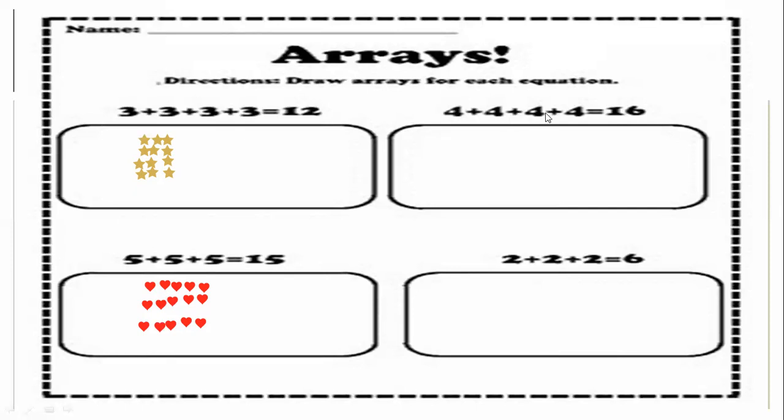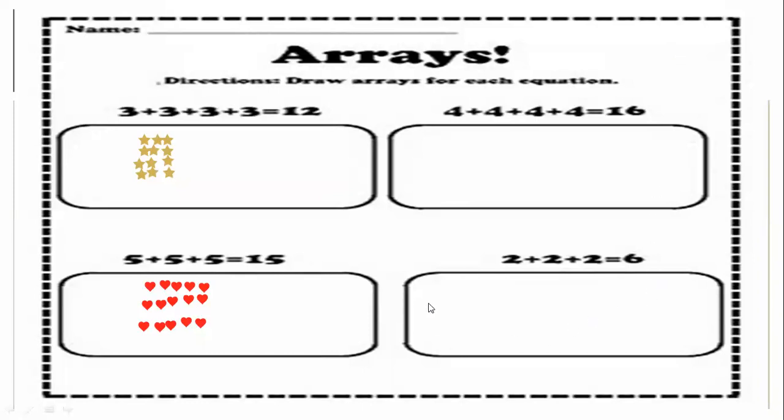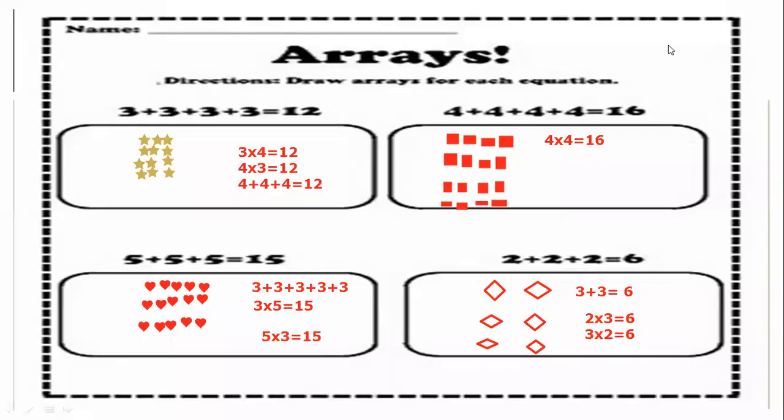4 plus 4 plus 4 plus 4 equals 16, and 2 plus 2 plus 2 equals 6 is your task. So do this task in your notebook, and after you finish, you can send me the picture. So this is your final.